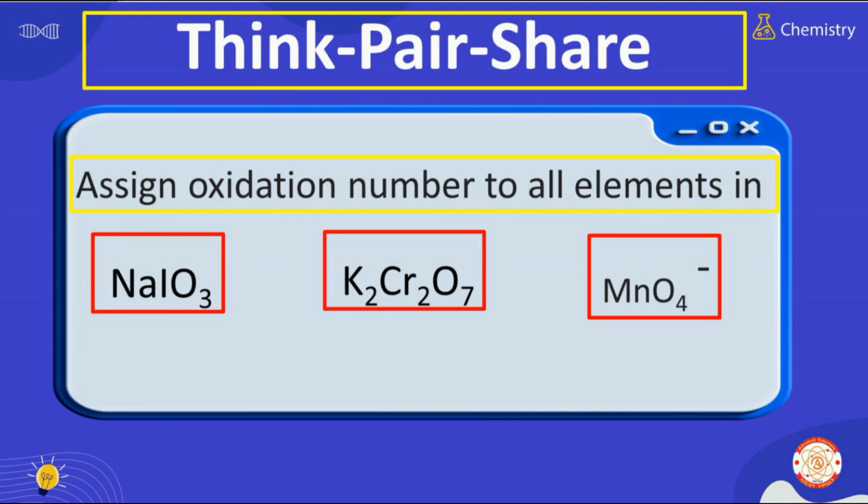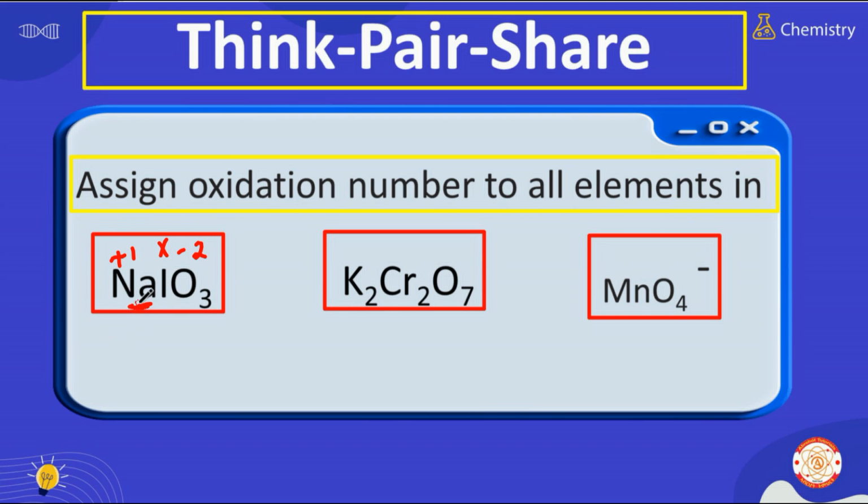Let us assign oxidation numbers to all elements in each of these. So I'm going to start from sodium. What is the oxidation state of sodium? Remember, group 1A elements have an oxidation number of +1. And I will assign this X. What about the oxidation state of oxygen? It is minus 2. Now let us calculate the oxidation state of iodine.